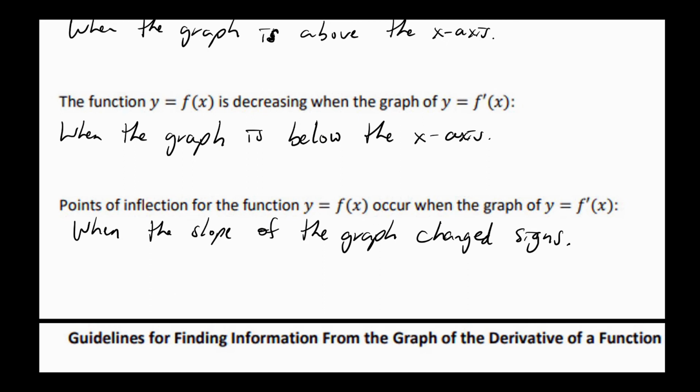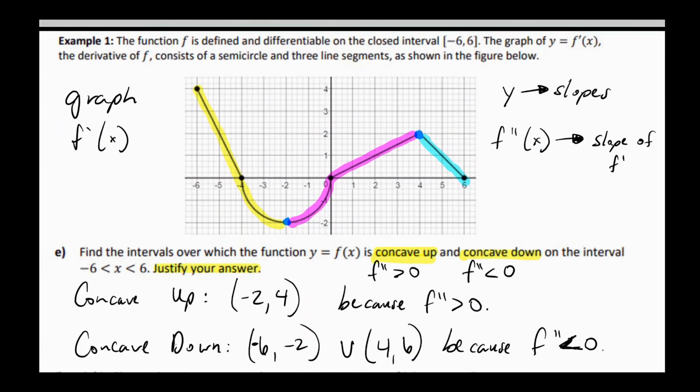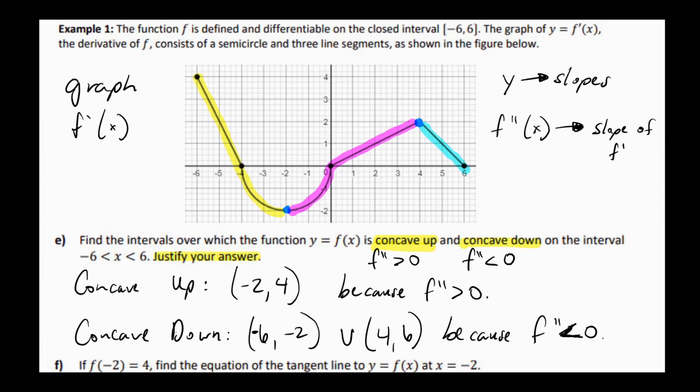I had 3 sections on mine. The last problem we just did, I had 3 sections: yellow, kind of a pink color, and the blue color. The yellow represented where the slope was negative. The middle part, the pink color, represented where the slope was positive, and then the blue at the end represented where the slope was negative.